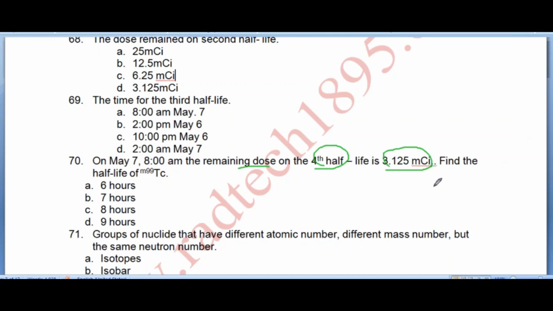Pero ito po yung tanong. Ano ang half-life ng technetium? So, we don't need this information. This one, we don't need that one. We also don't need this information. So, alam na po natin ang half-life ng technetium 99 is 6 hours. Kaya yun na po yung answer. Okay, maliwanag po ba? Okay.